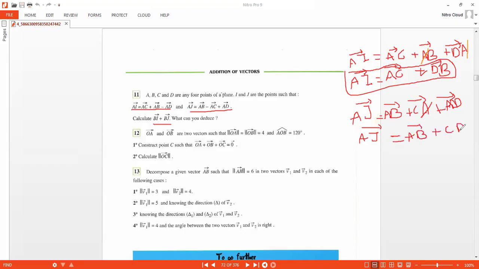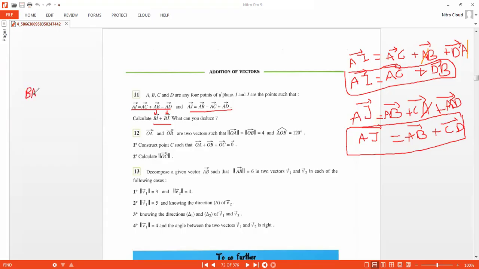I'm done with vector AJ. Okay, now I go for what I'm asked for. I'm asked for BI and BJ, but I don't have BI and I don't have BJ. So what I'm going to do is insert point A. Do you still remember when I said you can insert whatever you need? So instead of having BI plus BJ, I will insert point A.